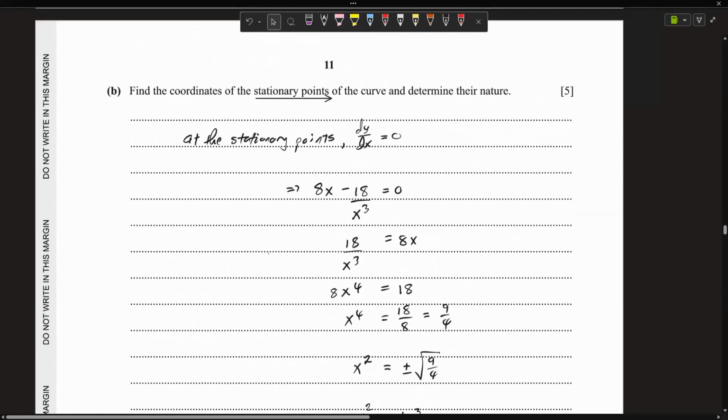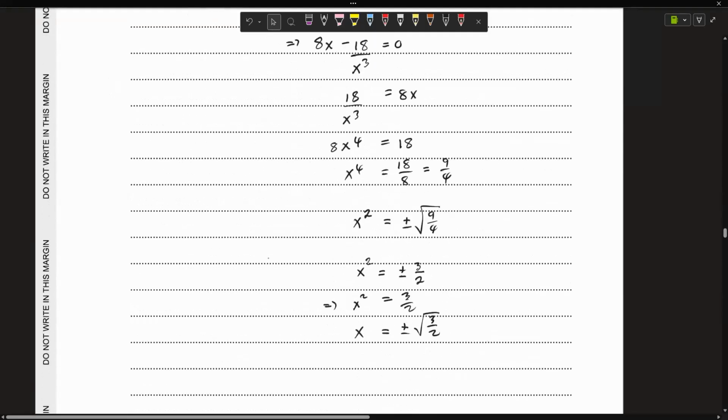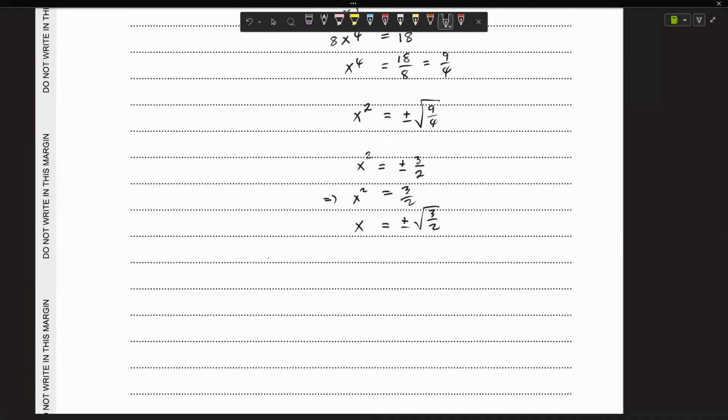So what do they say? They say coordinates, right? Coordinates. So I'm going to have a little table here, which I prefer to do. And I'll say here, if x has these values, right? X and y, x has value negative root 3 over 2 and positive root 3 over 2.